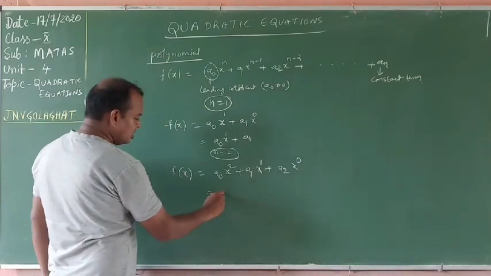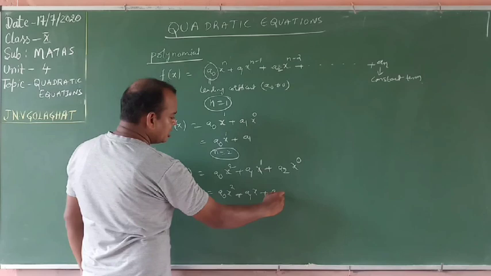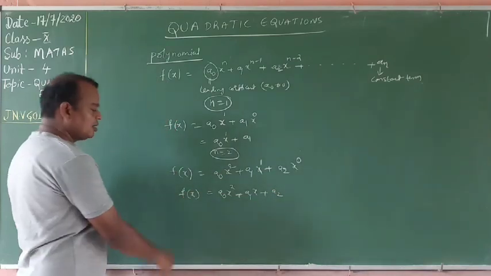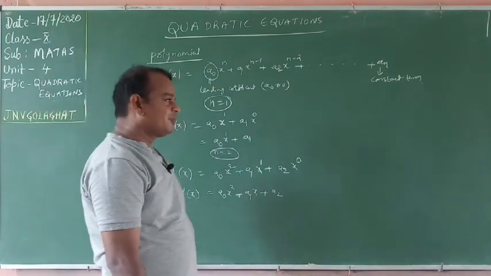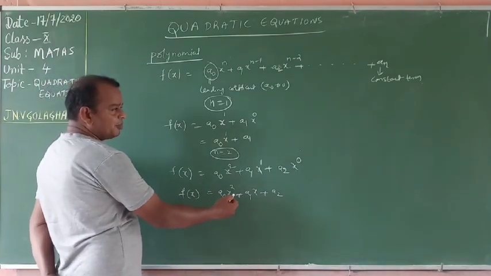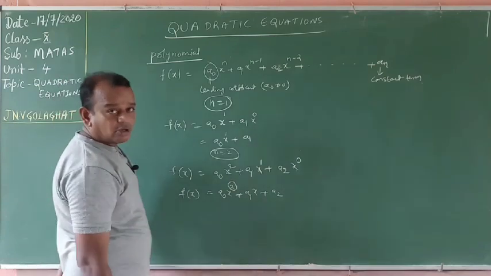Next step: a0 x square plus a1 x plus a2, since x power 0 is 1. This is called a quadratic polynomial. Quadratic polynomial means the highest power of the variable in the polynomial is 2.